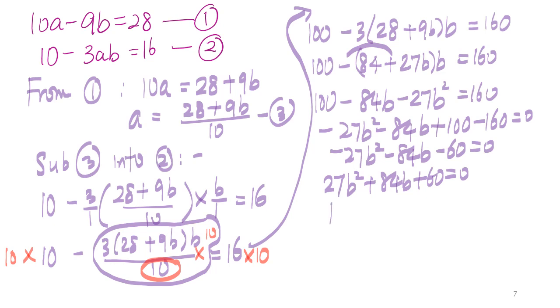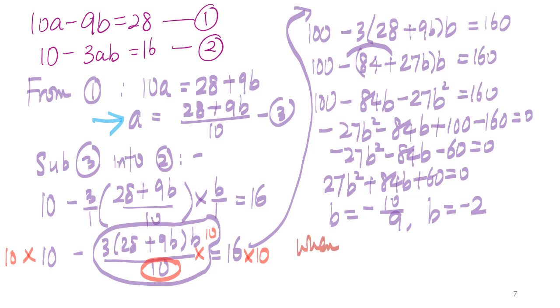So b can be negative 10 over 9, or b can be negative 2. The story does not end here because you still have to find the values of a. So how do I find the values of a? I have to use equation 3. So I'm going to sub b equals negative 2 into equation 3.